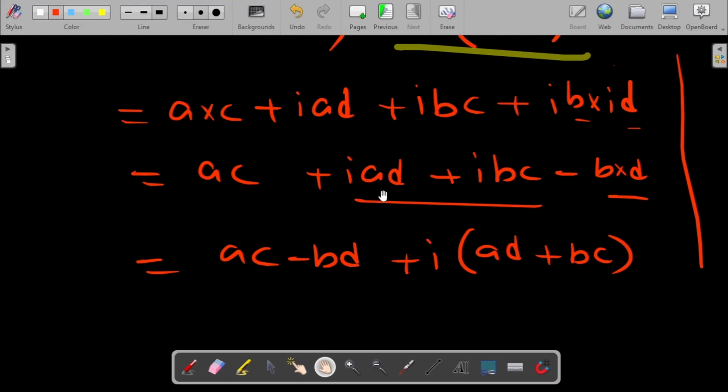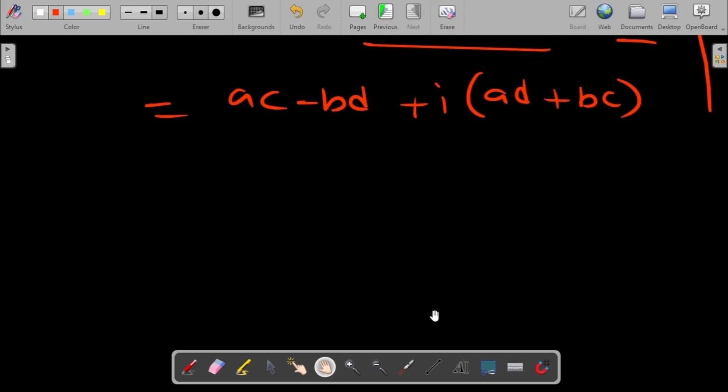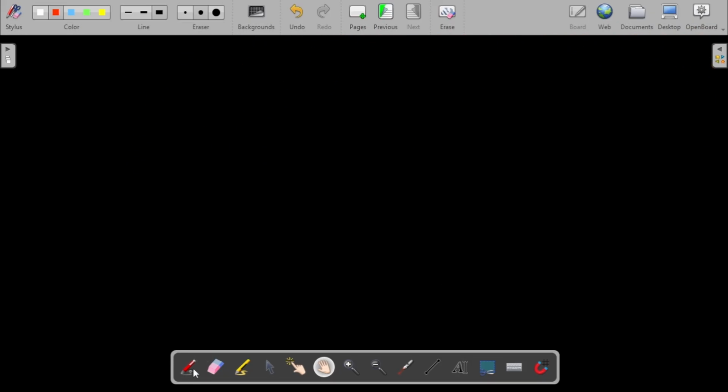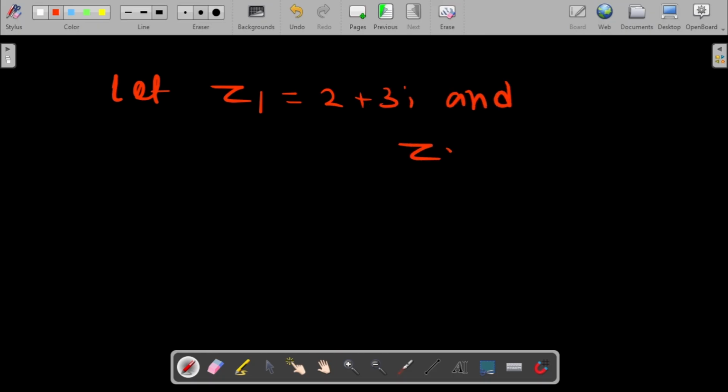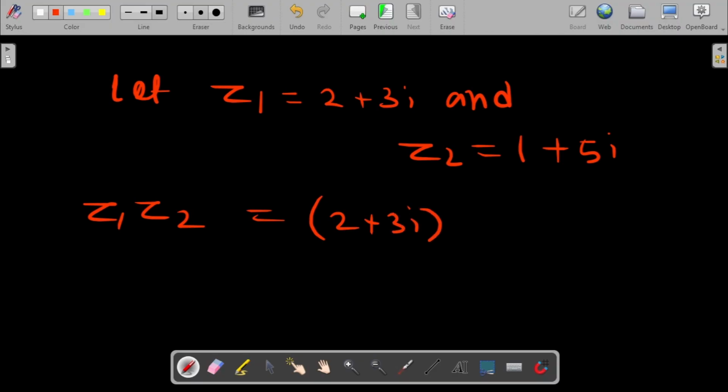Okay, let's understand with one example. Let Z1 equal 2 plus 3i and Z2 equal 1 plus 5i. Now we want to find Z1 times Z2, which is 2 plus 3i multiplied with 1 plus 5i.